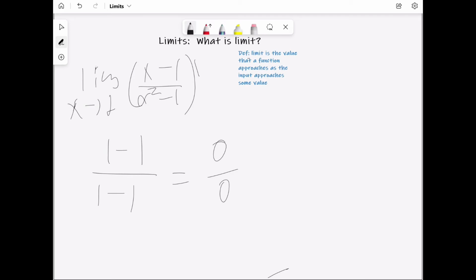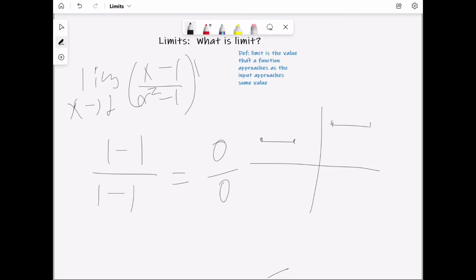Or sometimes this might actually happen in a function where the function is not a continuous function, right? Let's say we have a function which is a step function, right? And it's like this. Okay? Now, we can see a gap, right?